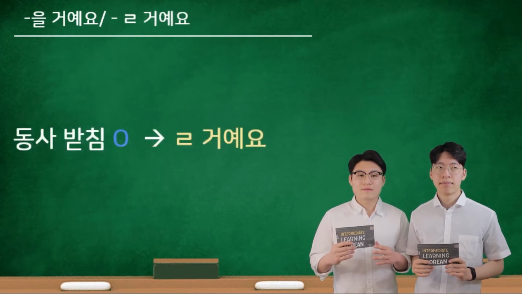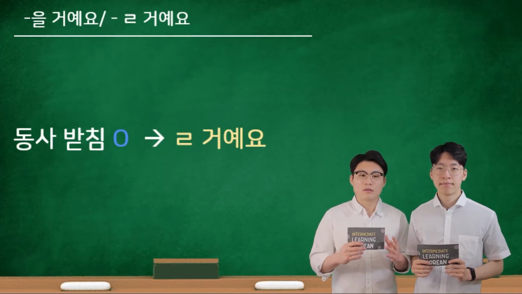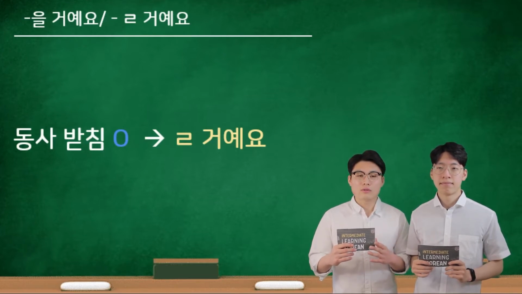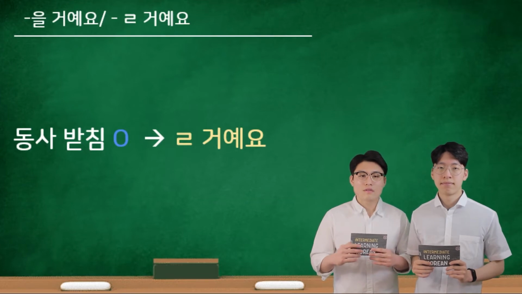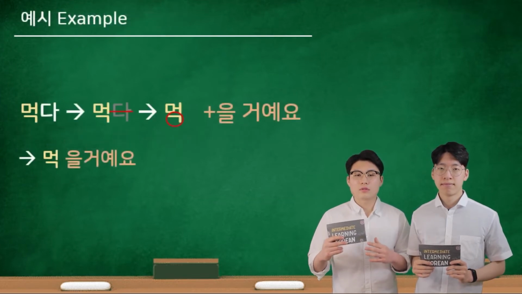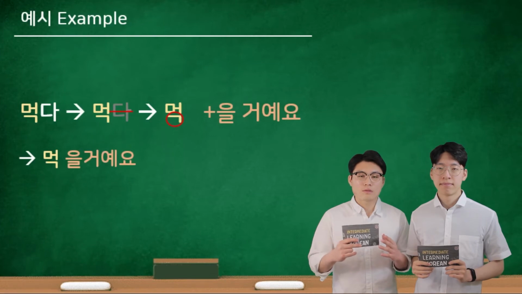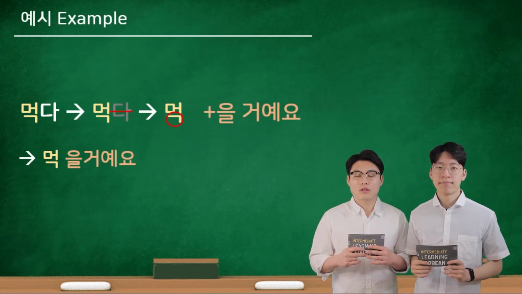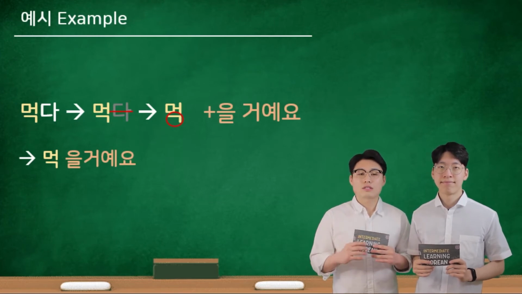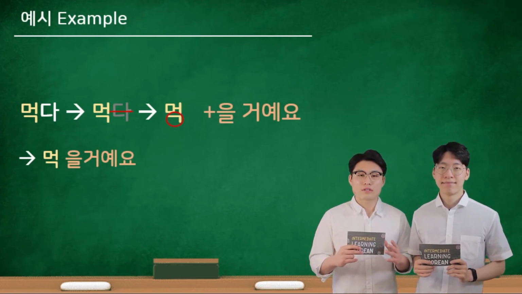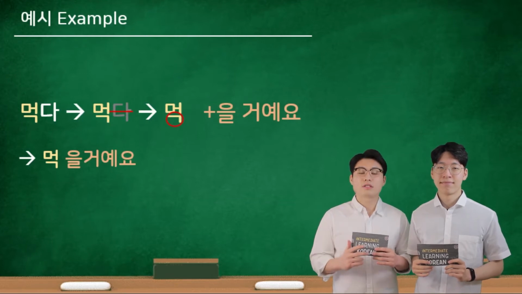Next, if there is a final consonant in the stem of a verb, 을 거예요 is used. For example, if you remove 다 from the verb 먹다, is there a final consonant? 기역. Then we use 을 거예요 after, so it becomes 먹을 거예요.